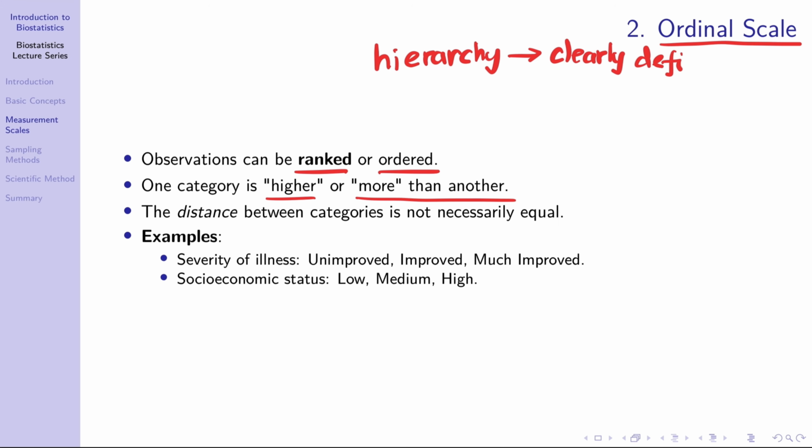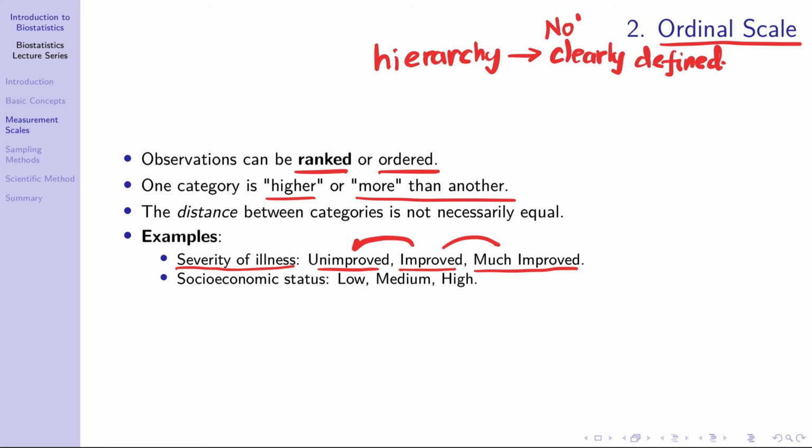What do we mean by this? Take the example of the severity of illness. The difference between improved and much improved is not clearly understood as the same as the difference between unimproved and improved. If these differences were the same, then the hierarchy would be clearly defined.